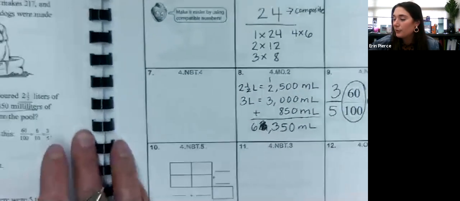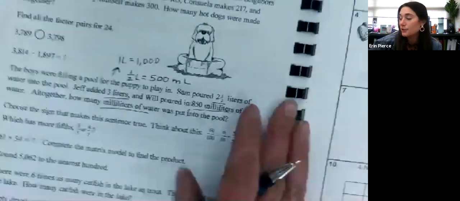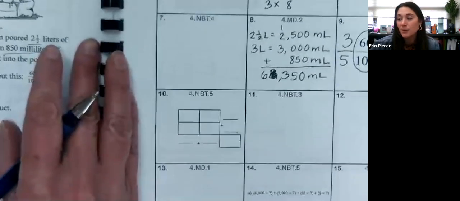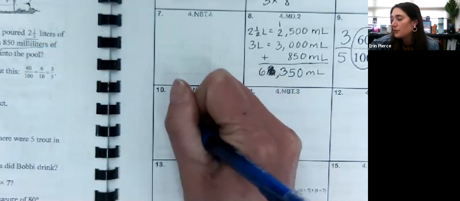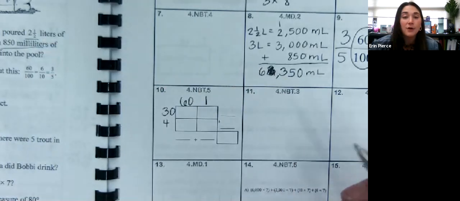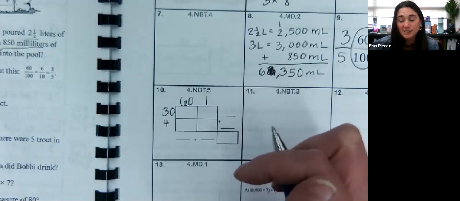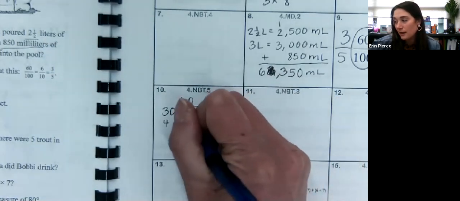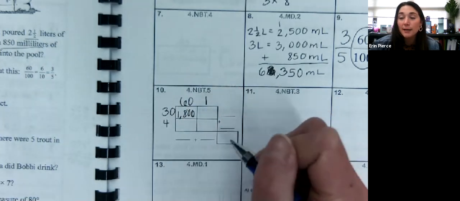One of the ones I definitely want to go over is 61 times 34 using our matrix model. 61 times 34. I start off with 30 times 60. Did you say 1,800? 30 times 1.